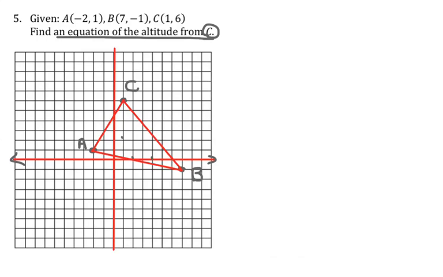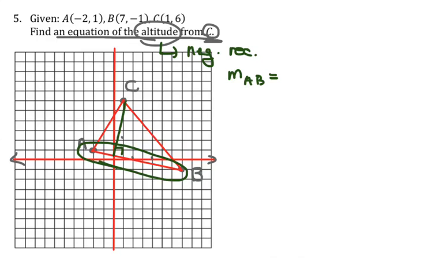Now, from here, I'm looking at an altitude from C. That means my altitude has to be drawn something like this. That means I need to find the slope of AB, and the altitude implies the negative reciprocal of it. So what is the slope of AB?